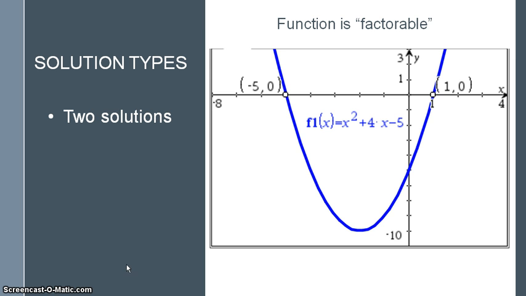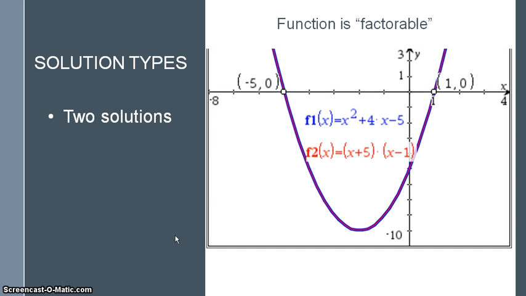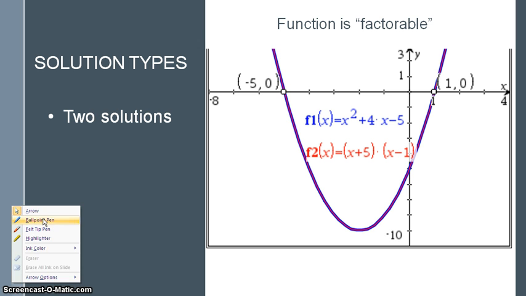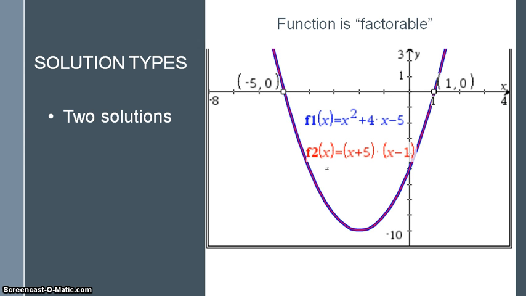So we see the function there, f1 of x, and we see the two solutions, negative 5, 0, and 1, 0. If we look at the factored form, we can see that there are a couple things that we can automatically tell about how it's related. So first of all, the value negative 5, if we were to let this part be 0, what we just talked about for the zero product property, negative 5 fills that role and makes this part 0.